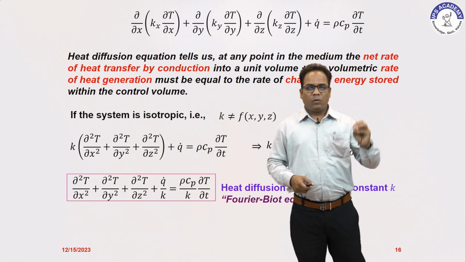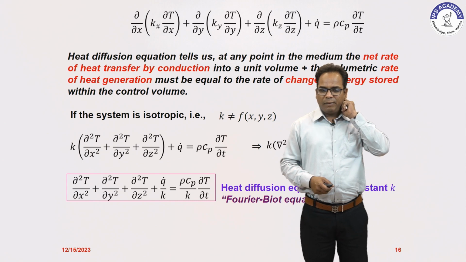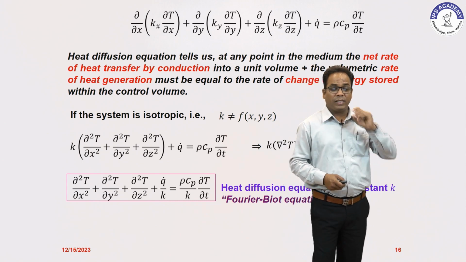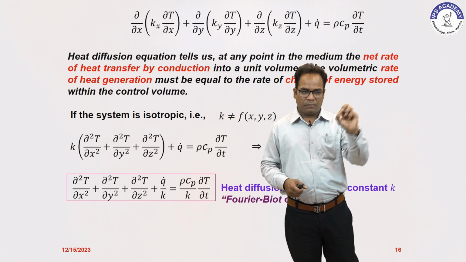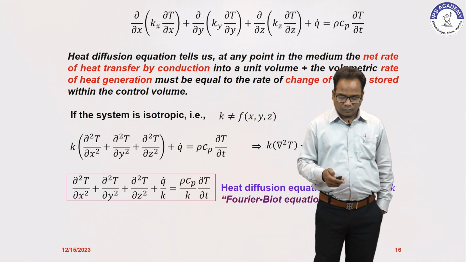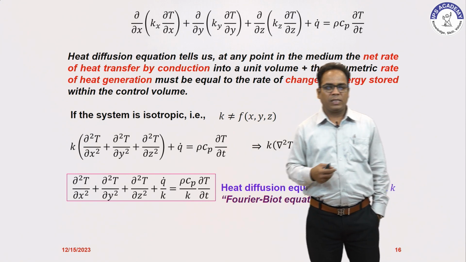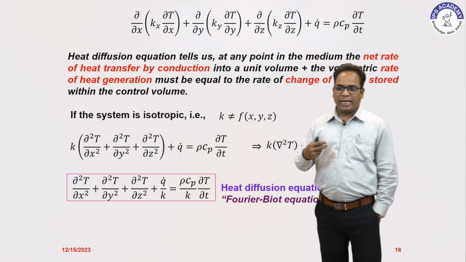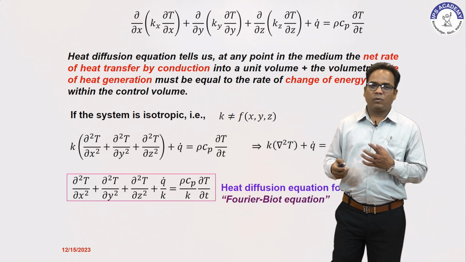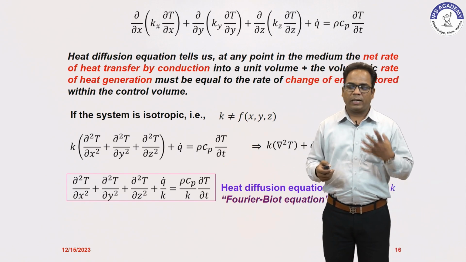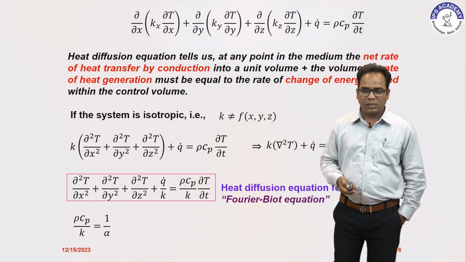From this mathematical equation we can have the information about the point to point variation within the control volume. So in order to simplify this second order partial differential equation, we have to make some important assumptions.